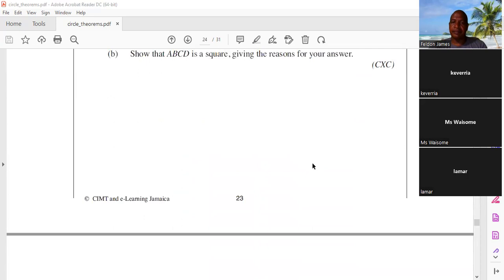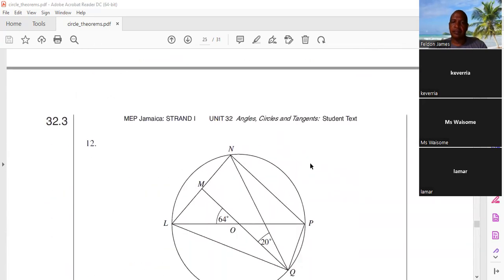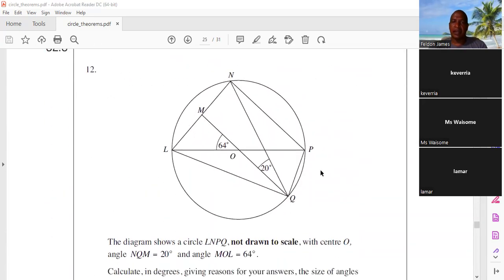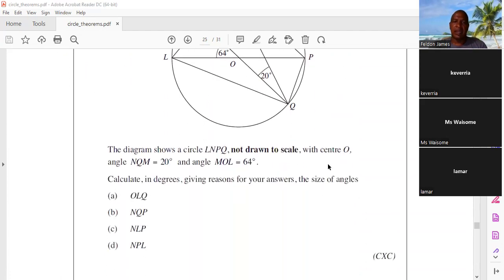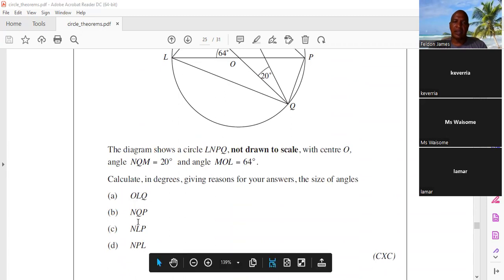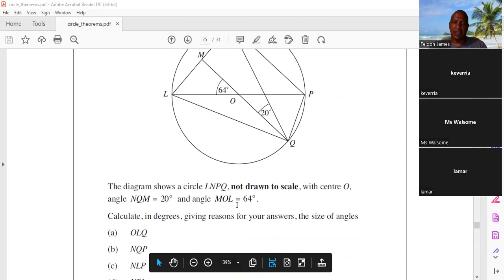All right. Look at this one here now. These are the angles down here that they want you to find: OLQ, NQP, NLP, NPL. Start with OLQ.